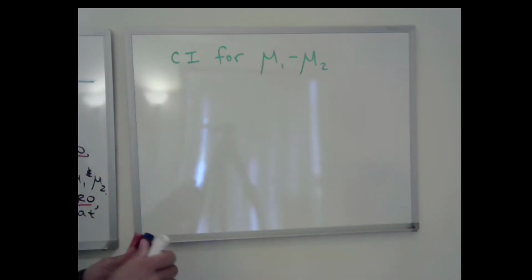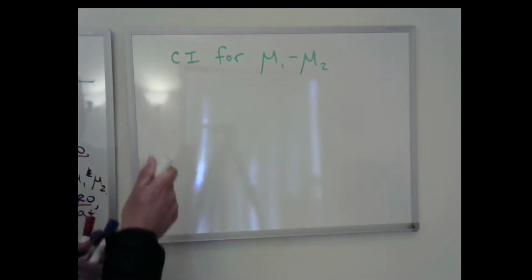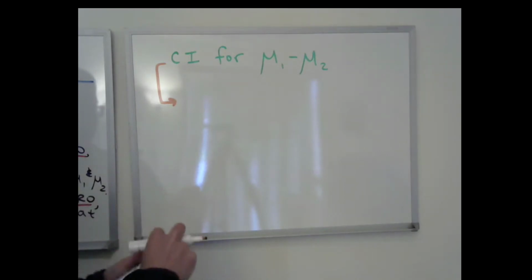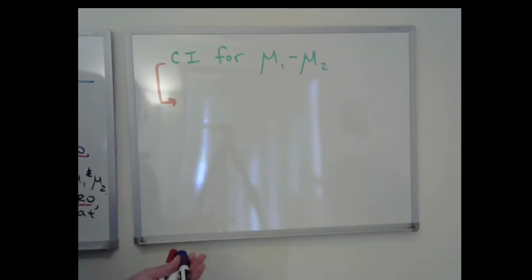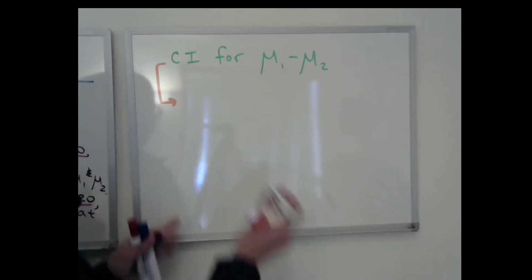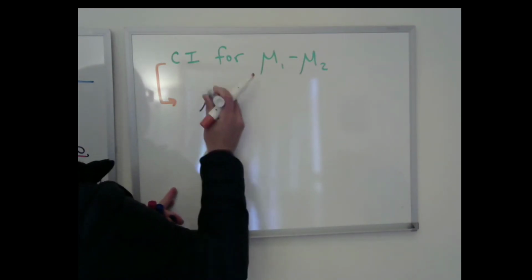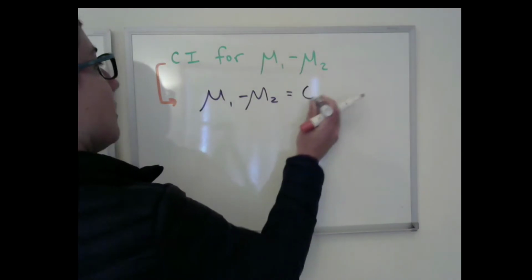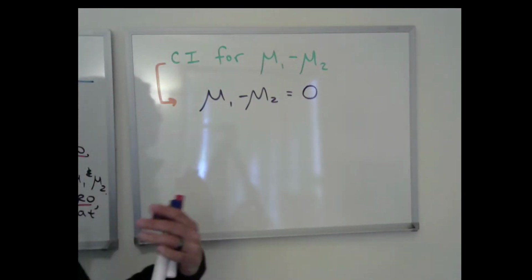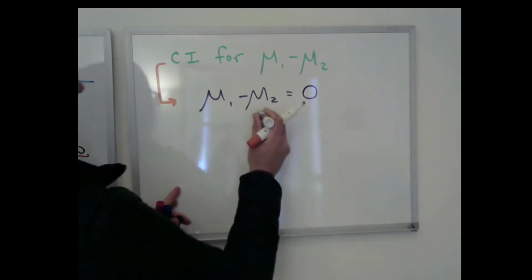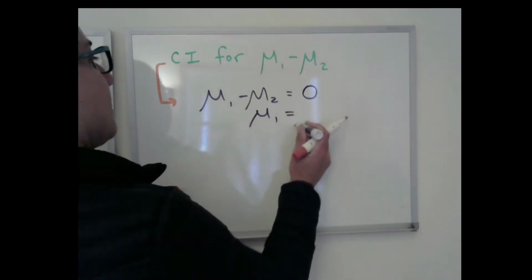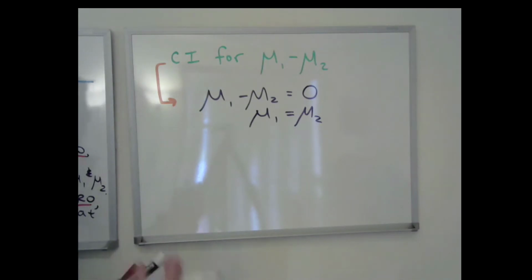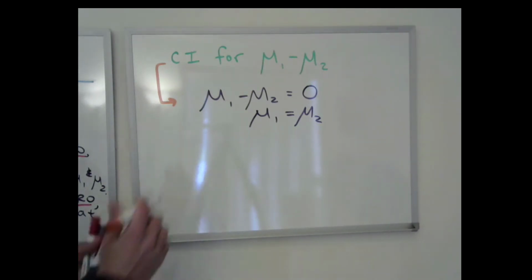So this confidence interval for a difference in means can either result in an interval that contains 0. So if this difference resulted in a 0 in the confidence interval, that implies that those two population means could be the same.